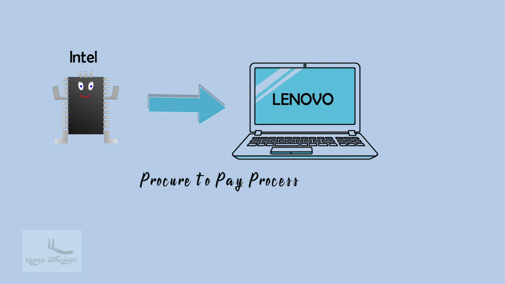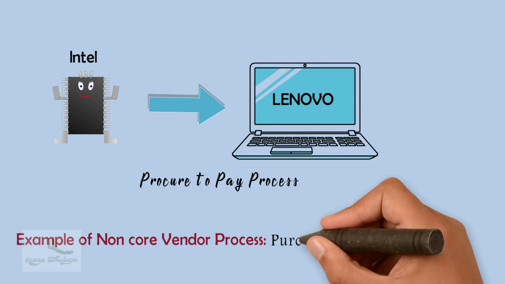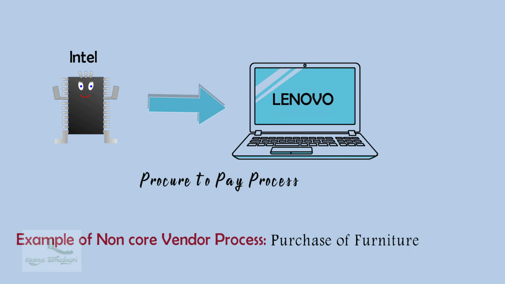And here's another example wherein the Lenovo company has purchased furniture for its office premises. In this case, we generate the vendor invoice from the FI process, that is the non-core vendor process. Collectively, the core vendor is the vendor from whom the company purchases raw materials, and vendor invoices are generated with reference to goods receipt from the vendor.